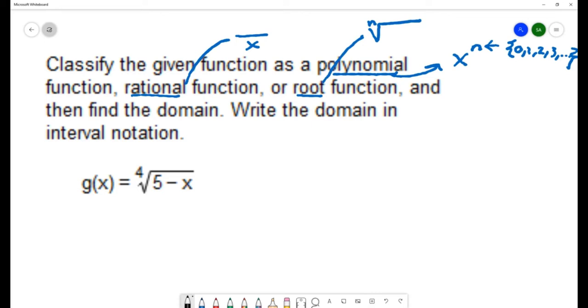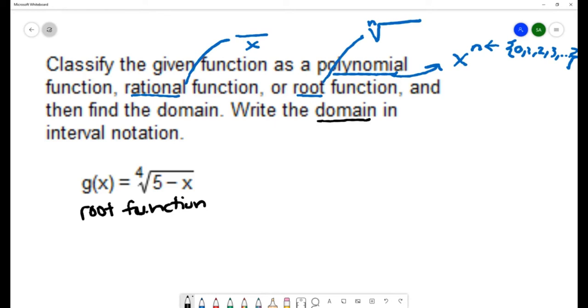So looking at this example, we have g of x equals the fourth root of 5 minus x. So we're going to classify this as a root function because it has a radical. We also want to find the domain of this root function. So we need to know about the two different types of root functions.